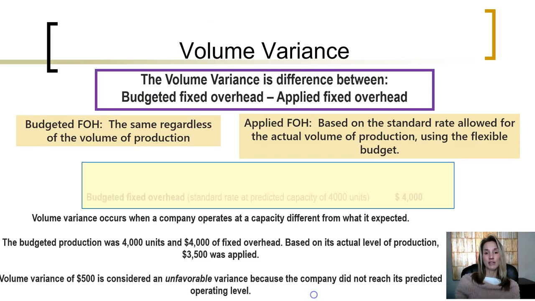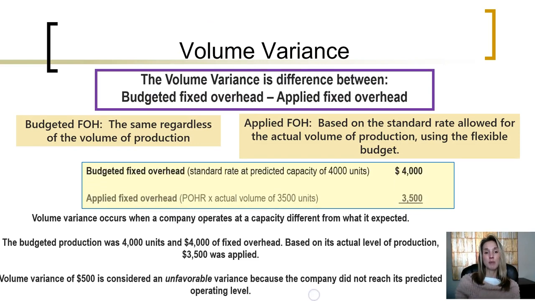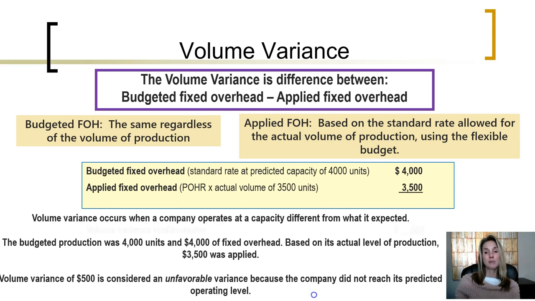The volume variance is the difference between budgeted fixed overhead and applied fixed overhead. Recall, budgeted fixed overhead is the exact same regardless of the volume of production. The applied overhead is based on the standard rate allowed at the actual volume of production, which is really using the flexible budget.